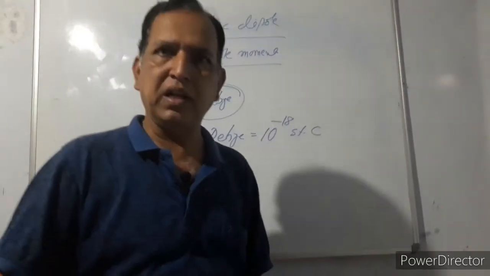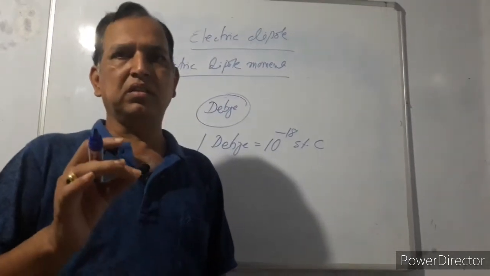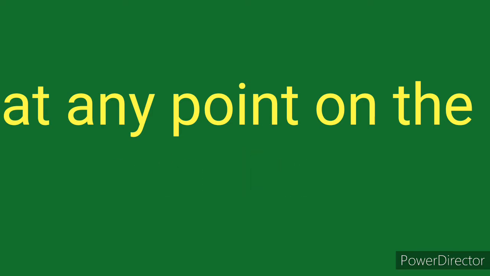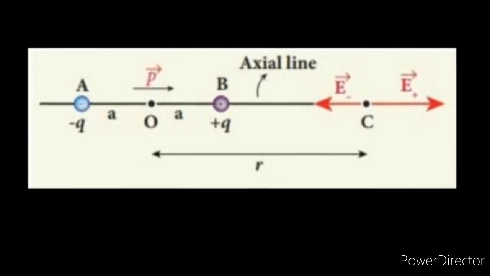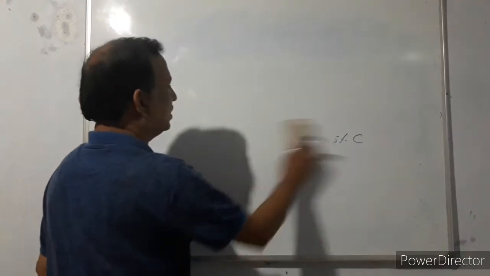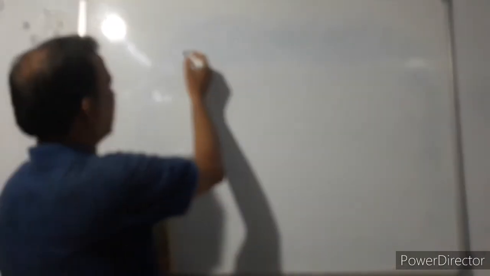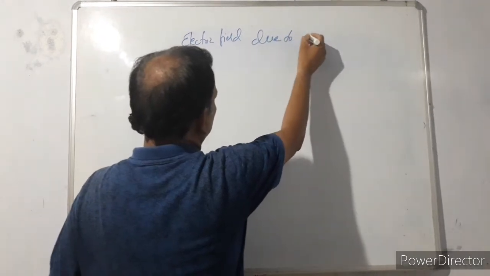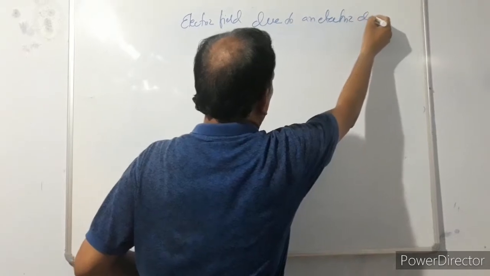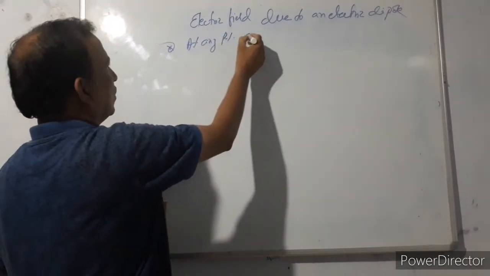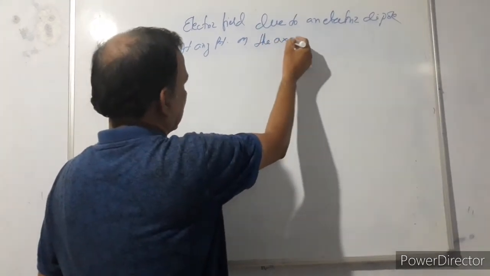Now, the electric field due to an electric dipole at any point on the axial line.